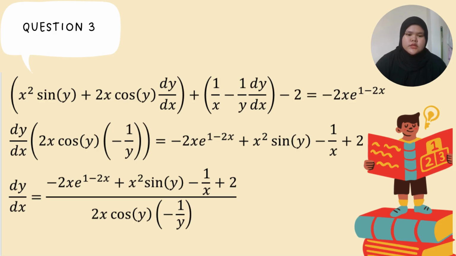So here we put the other terms into the other side because we only need dy/dx here. So dy/dx equal to negative 2 e to the power of 1 minus 2x minus 2x cos y plus 1 over x plus 2, over negative x squared sine y minus 1 over y.